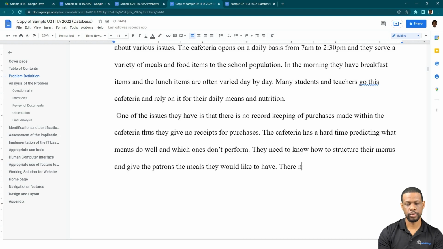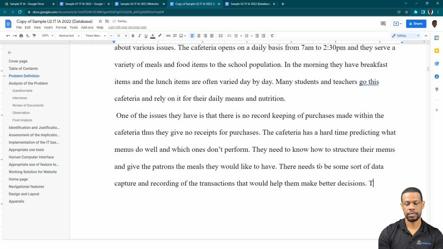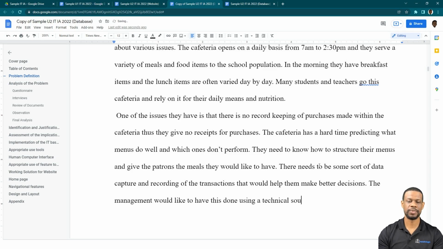There needs to be some sort of efficient data capture and recording of the transactions that would help them make better decisions. The management would like to have this done using a technical solution. Something like that, right?